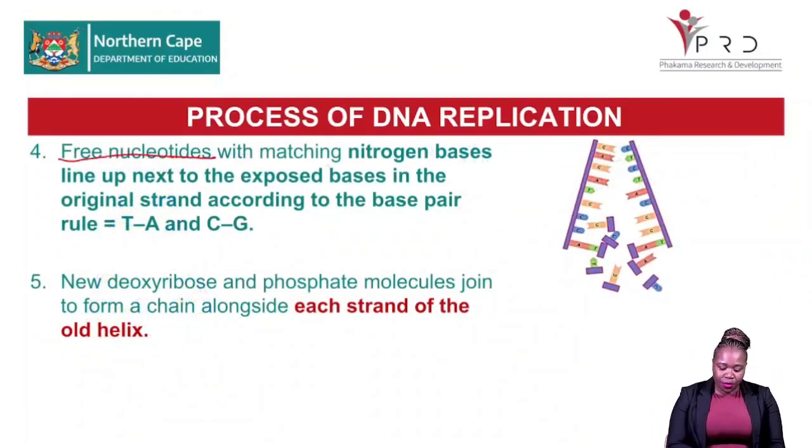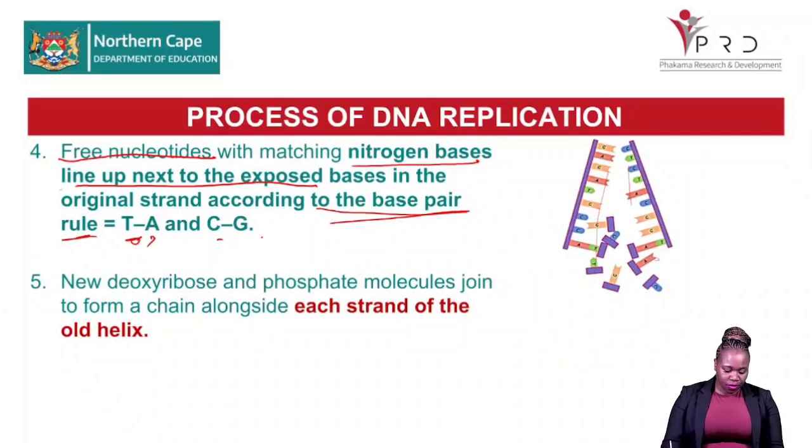Free nucleotides with matching nitrogenous bases line up next to the exposed bases. These are those exposed bases in the original strand, according to their base pair rule. The base pair rule: thymine to adenine, guanine to cytosine. Right. Now, we are going to see that they are going to attach until we have that long chain, and that chain is now going to form the DNA.